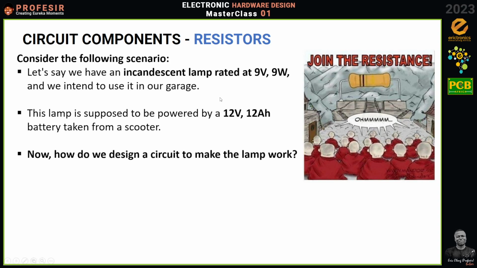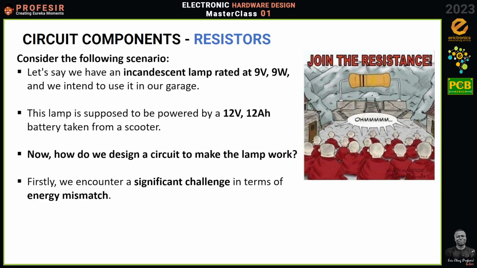Now, the question is, how do we design a circuit to make the lamp work? So, first of all, the main challenge this scenario presents is that we have an energy mismatch, right?